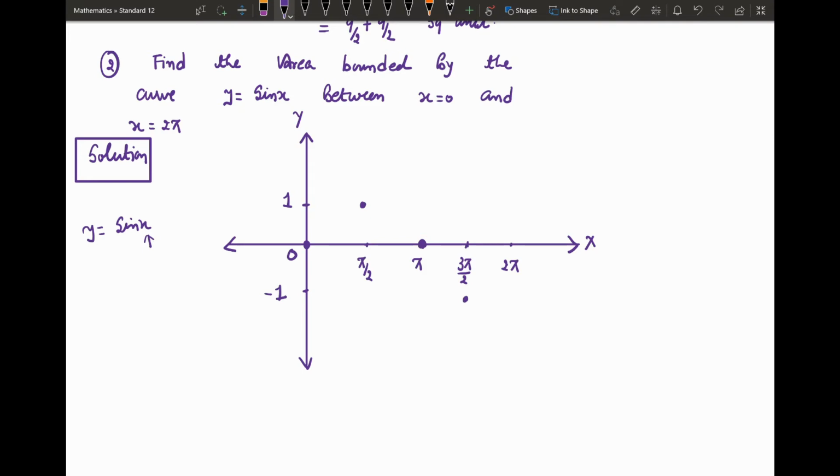So another point is this one. And sin 2 pi is 0. So now let us join these points. So when we join these points, this is the graph of y equal to sin x.